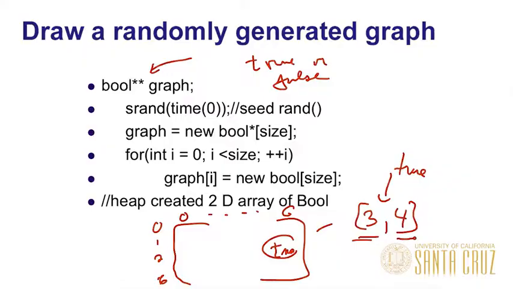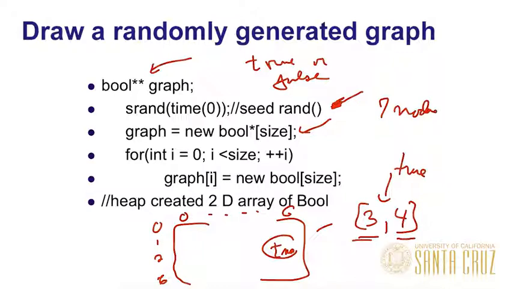The way it's created is I seed the random number generator. Hope this is all review, otherwise you'll have to review how a pseudo-random number generator works. I create a graph, in this case, of the appropriate size. It's a graph that has 7 nodes. And then for each node, I have to have a row, a Boolean row.